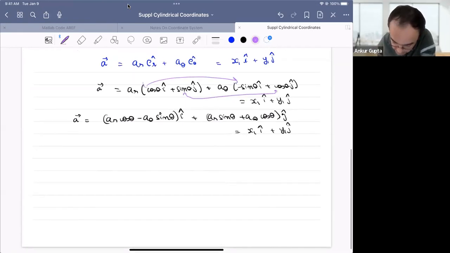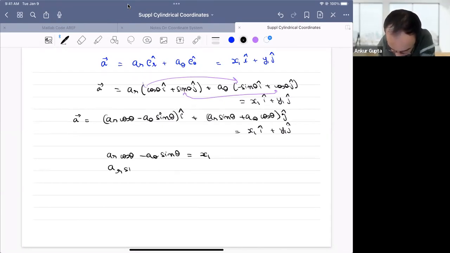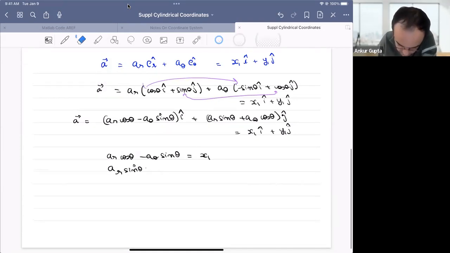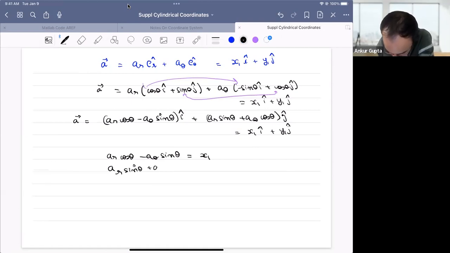So I can say A_r cos theta minus A_theta sin theta is equal to x1, and A_r sin theta plus A_theta cos theta is equal to y1.